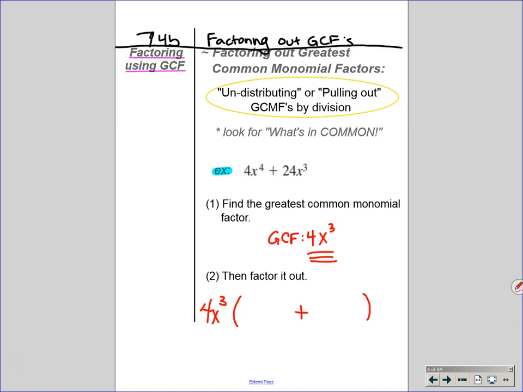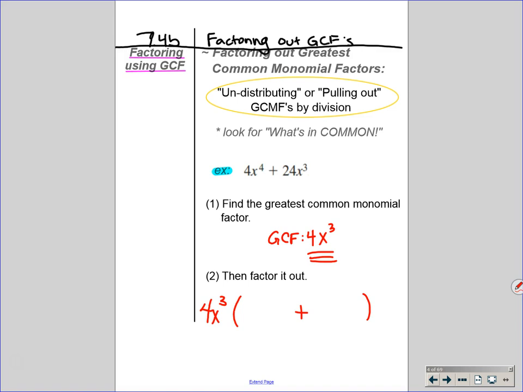Look at it. This is multiplication, right? Distribution is multiplication. So if we're going backwards from multiplication, think algebraically, what operation would be involved?